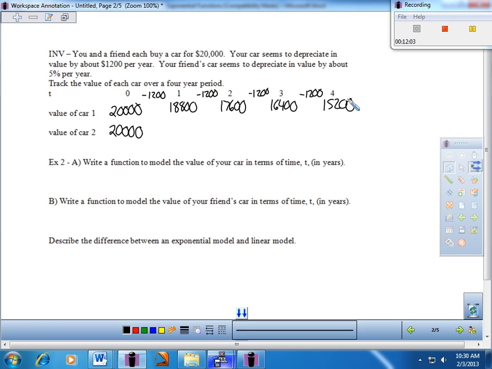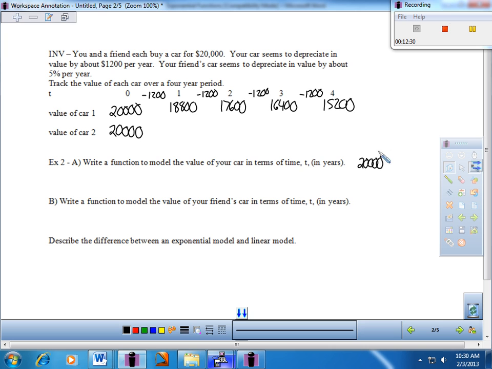Now here's the key. And by the way, over the years I've seen students have a lot of success with exponential growth and struggle a little more with exponential decay. So let's be clear on how this piece works. Same idea with the math. So watch what happens. Let me write it out here. So your car, or your friend's car, I guess, is going down by 5% per year.